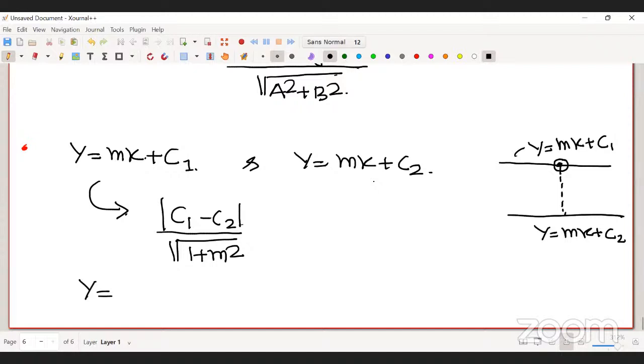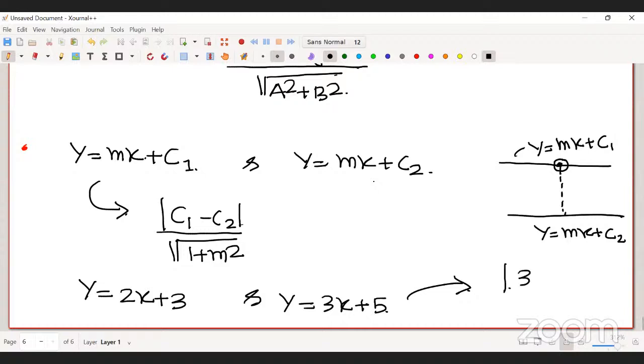Suppose you have these lines, 2x plus 3, and one more line which is 3x plus 5. If I apply this formula, what should I get? What is C1 here? Sir, we can't apply it, because m is not equal. Correct. Here m is 2 and here m is 3, so these two lines are not parallel, and I cannot apply this formula.